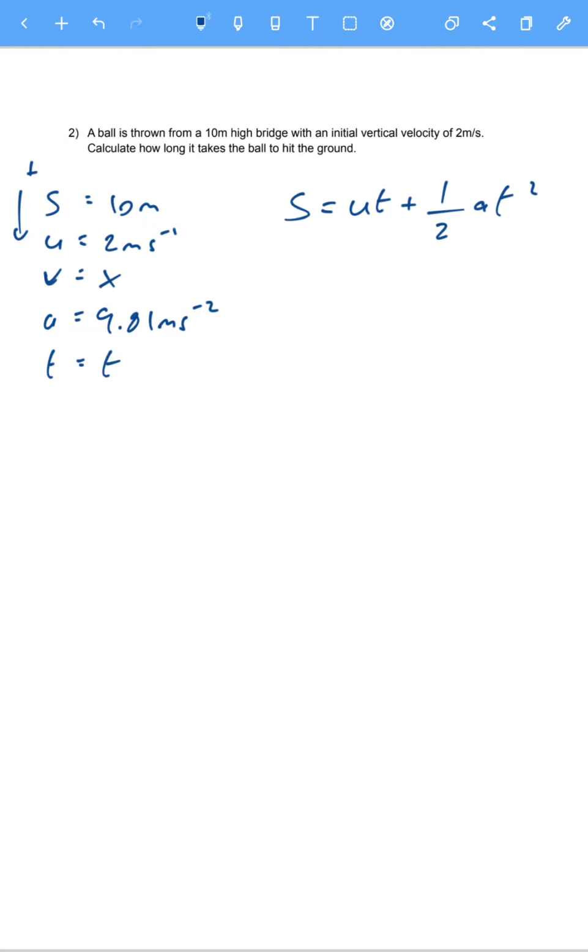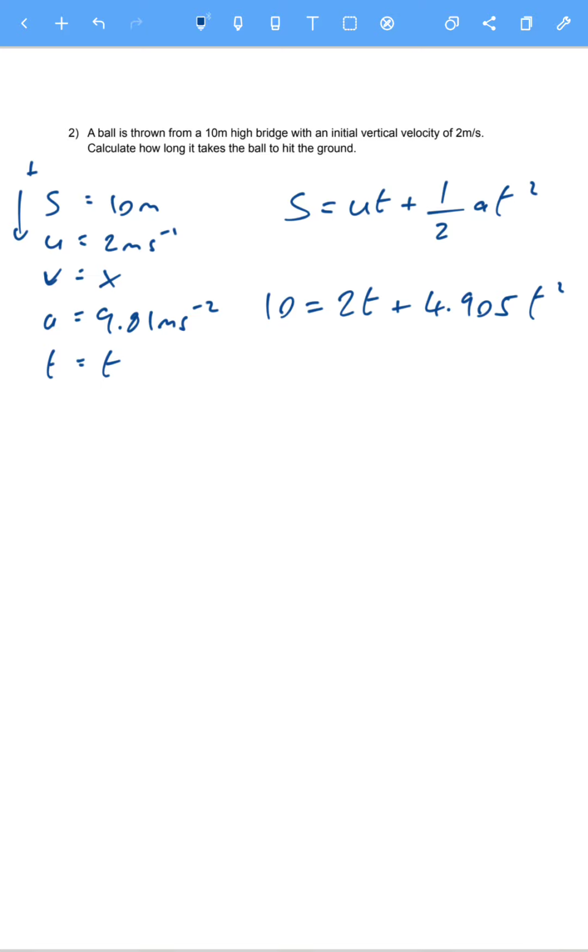But what we need to do is simply put in our values. So the displacement will be 10 meters. The initial speed is 2 times t, plus half of the acceleration. So half of 9.81 is 4.905 lots of t squared. So what you should be looking at, especially if you do mathematics or you did really well at GCSE maths, is that this is actually a quadratic.